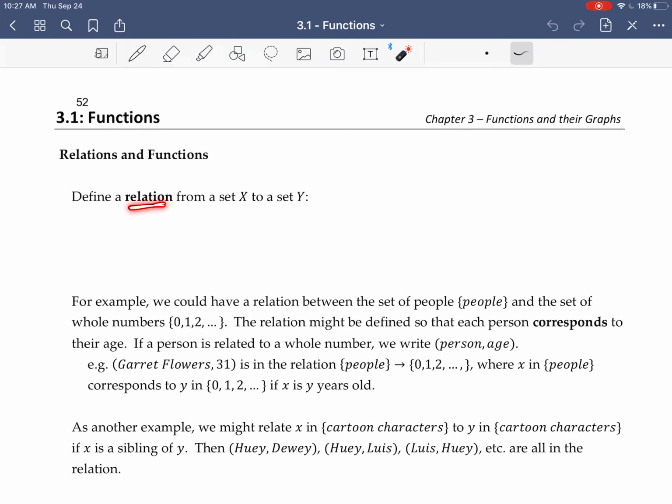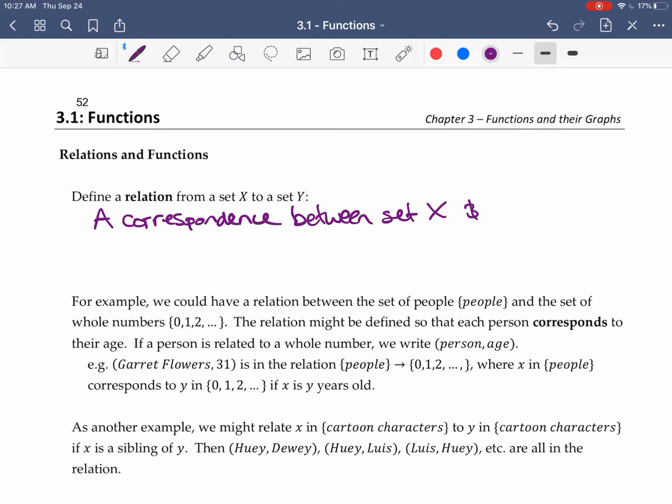A relation from a set X to a set Y is a correspondence between set X and set Y. So it could be any correspondence.